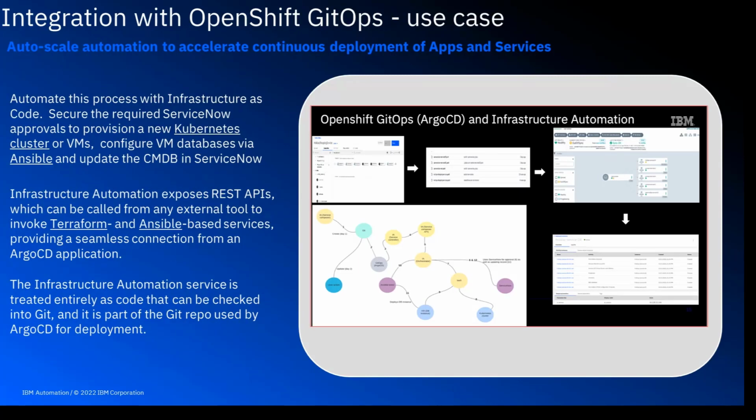Let's talk about the next use case. So this is about GitOps and the ability of infrastructure automation to be driven via APIs and integrate with things like Argo CD, such that all the operations that are required or desired to be made are recorded in Git, and then the changes are carried out with IA through its APIs.